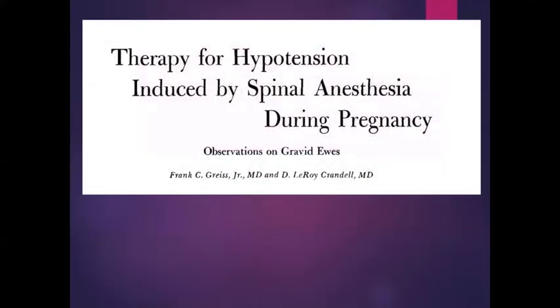This study showed that during actual and simulated spinal anesthesia in term gravid ewes, induced maternal hypotension was associated with a proportionate decrease in uterine blood flow. Under these circumstances, phenylephrine and norepinephrine were administered intravenously, and they did succeed at restoring maternal blood pressure to normal, but failed to improve uterine blood flow, presumably because they caused uterine vessel constriction.